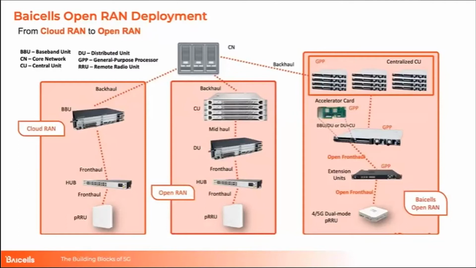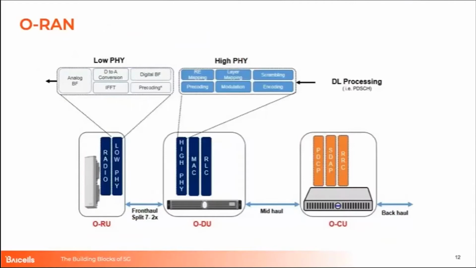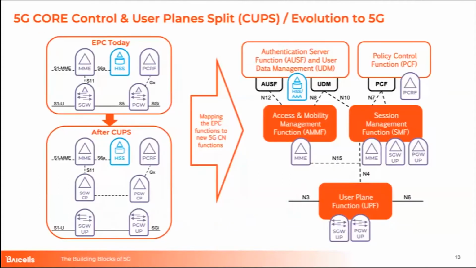They're standard hardware, with all the interfaces open all the way up to the CU. So that's the Open RAN technology. Again, you can utilize it in 3 separate pieces of hardware, or you can combine RU and DU, or DU and CU, or even combine all of them from a hardware perspective.